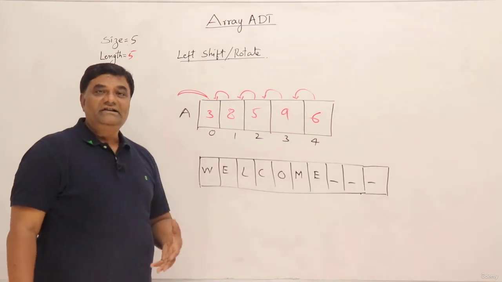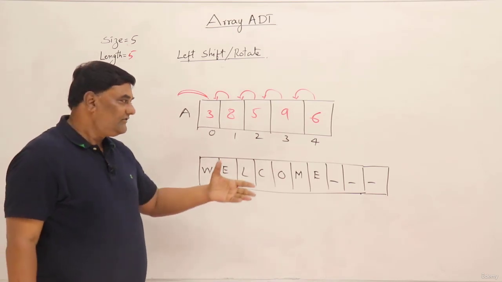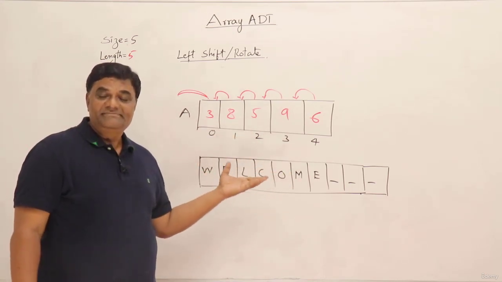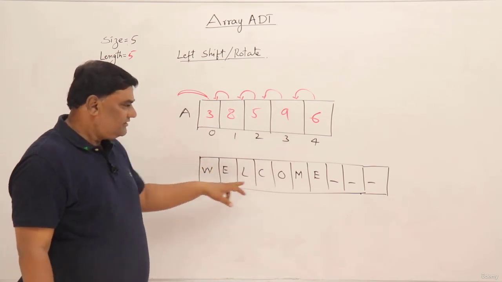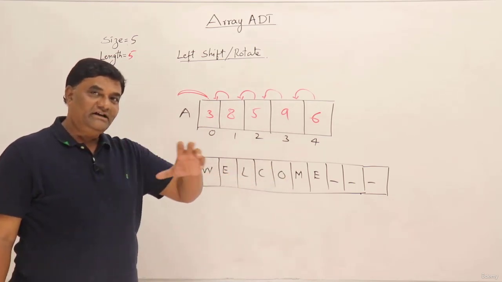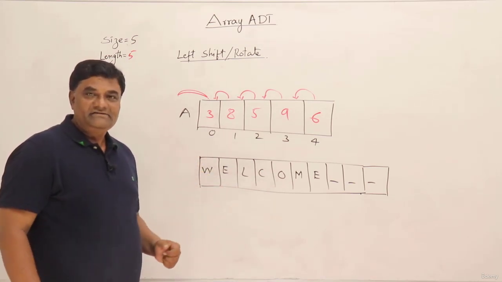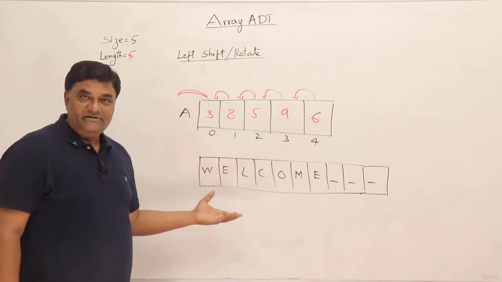Usually on LED display boards, we find that the advertisements are scrolled on the display board. For example, this word welcome is displayed on an LED board. Assume it is an LED board only, but actually it's an array.